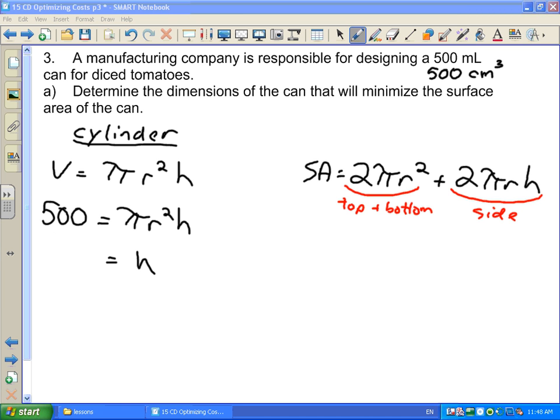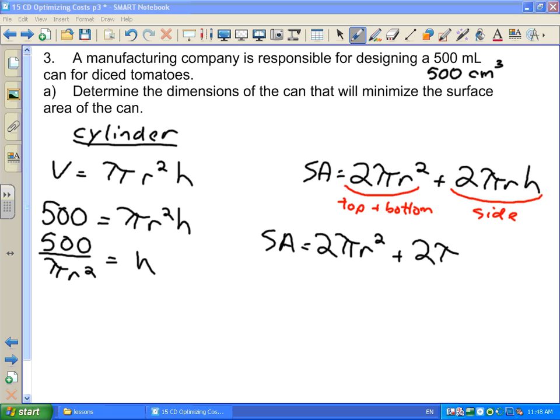So we're going to use our volume expression to get a formula for h. If I solve this for h, I get 500 over pi r squared. And I'm going to substitute that into my surface area formula: 2 pi r squared plus 2 pi r times 500 over pi r squared. Now I'm going to want to simplify this before I do the derivative. I'll keep that first term the same, 2 pi r squared.